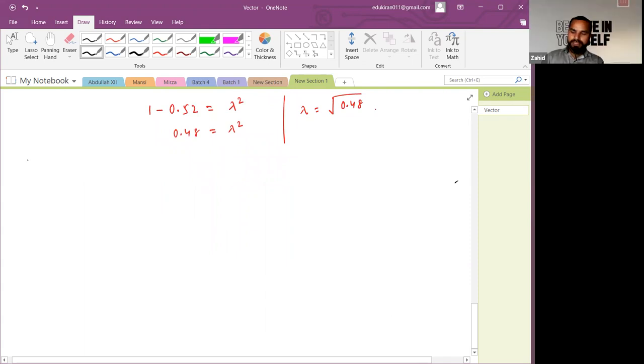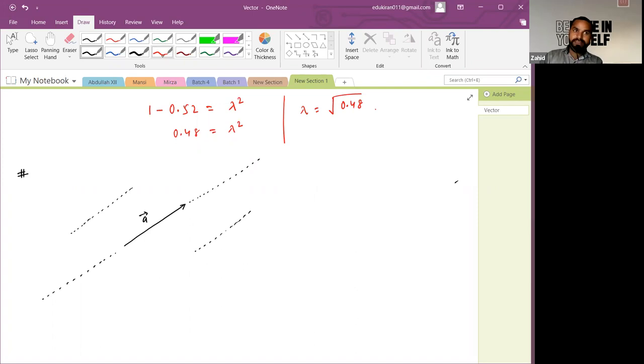Next is some property related to a vector. Let's say a vector along this direction, vector A. If it is slid along this direction or along this direction, or slightly displaced along this direction or along this direction, if the length of this particular arrow is fixed and its inclination with respect to the x-axis is also fixed, then you may slide this particular vector in any of these four directions.